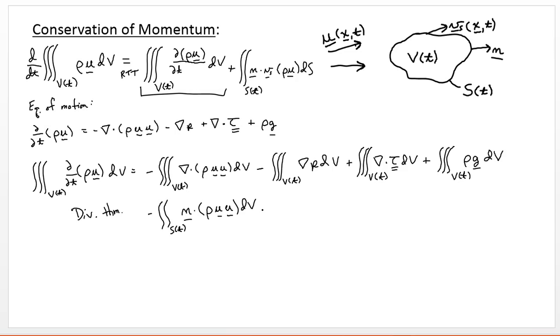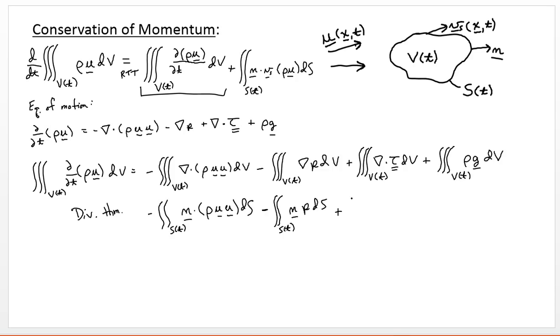This next term becomes minus the surface integral of, well, del p becomes n times p, dS. And this first integral here should actually be a surface integral instead of a volume integral with the dV that we had written.